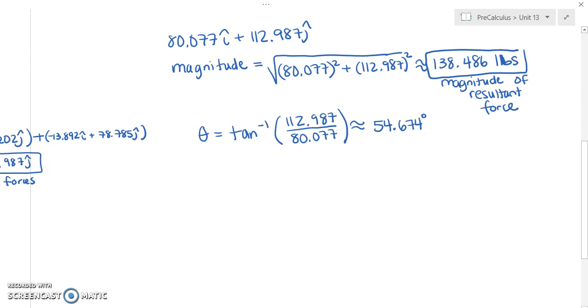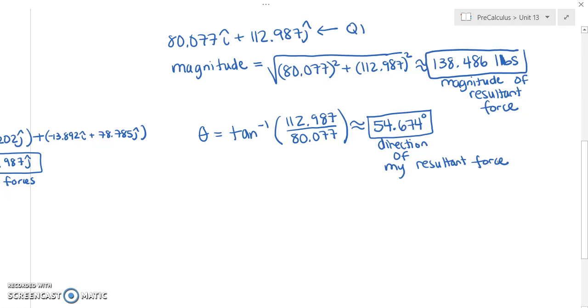Now I'm going to check, since a and b are both positive, I am in quadrant 1, and so is that angle, which is great. So that means that's the direction of my resultant force. So all that work to answer those two questions.